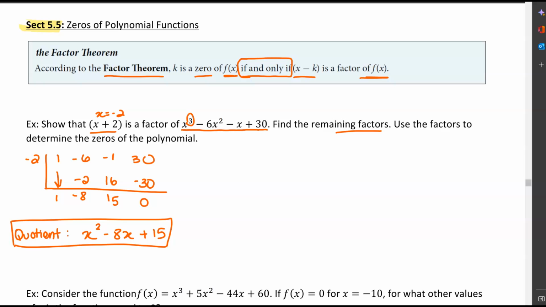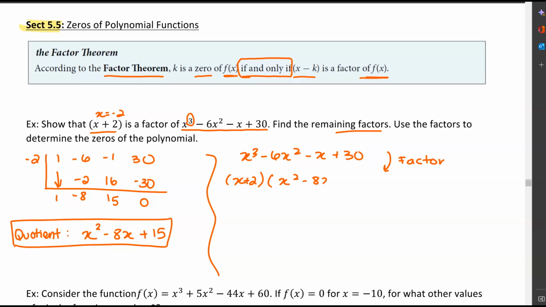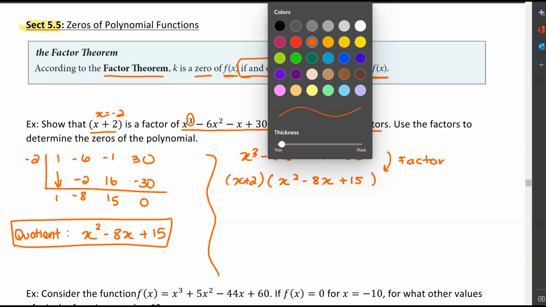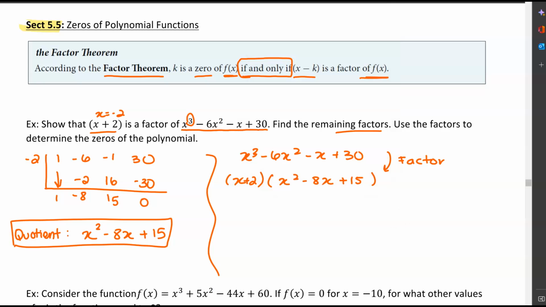Since we just showed using synthetic division that x plus 2 is a factor, this means that we can take the original expression, x cubed minus 6x squared minus x plus 30, and it would factor to x plus 2 and x squared minus 8x plus 15, which is what we obtained from the synthetic division.